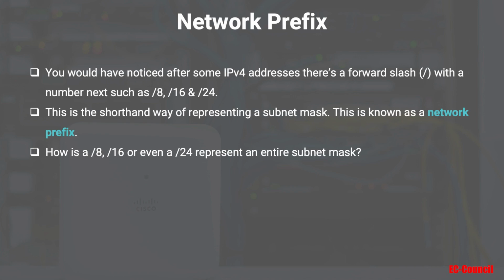So what does this slash mean? This slash with a number is simply what we call the network prefix, and it is a shorthand way of representing the entire subnet mask. So you're probably wondering, how exactly can we use /24 to represent the actual subnet mask, which is 255.255.255.0?